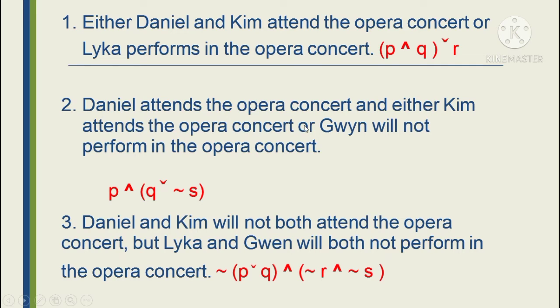So, di ba, kita nyo, or Gwen will not, ito si Gwen, S, will not perform in the opera concert. Ano? So, Daniel attends the opera concert and either, yung either natin tong open close parenthesis, either Kim attends the opera concert or Gwen will not perform in the opera concert.